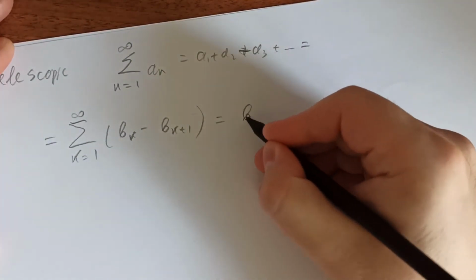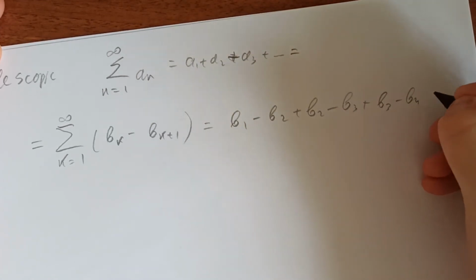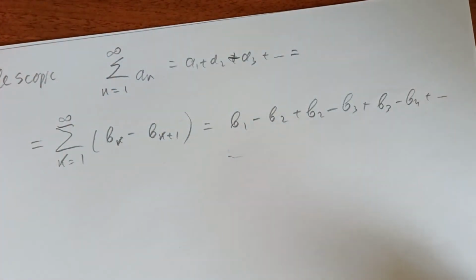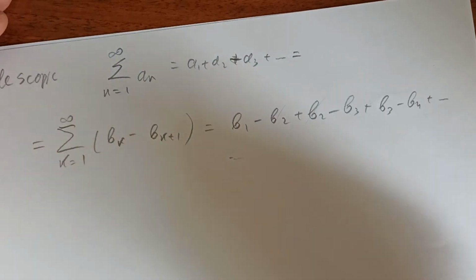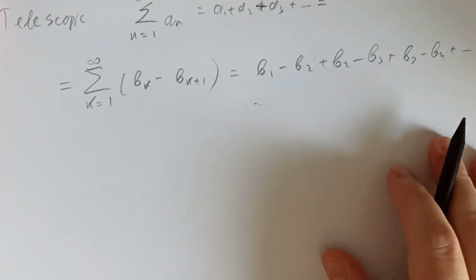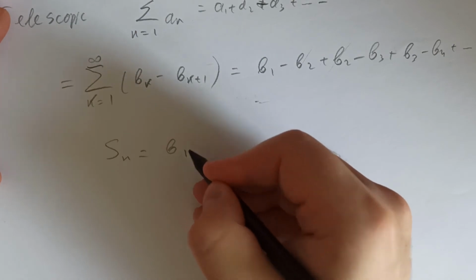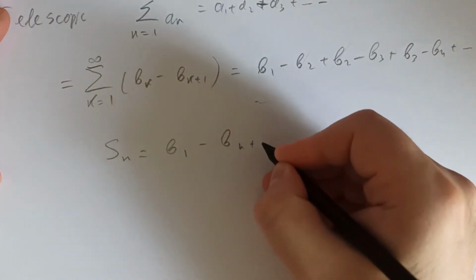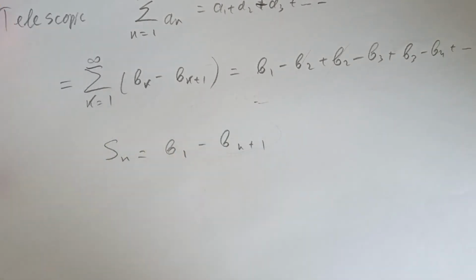So we'll have b1 minus b2 plus b2 minus b3 plus b3 minus b4 plus so on. So every element but the first and final will be cancelled. So the partial sum will be b1 minus bn plus 1. So the series will converge if and only if bn plus 1 is convergent.